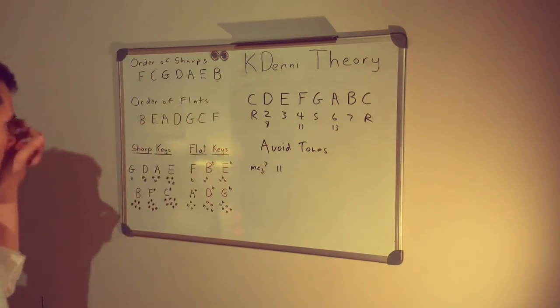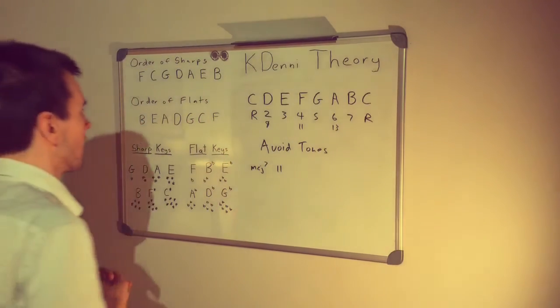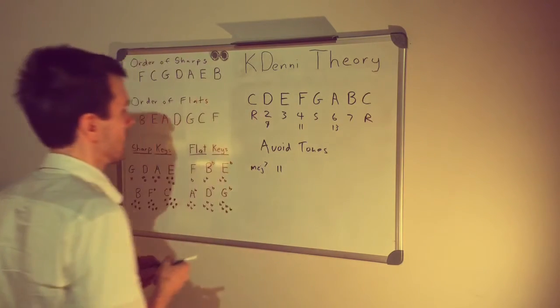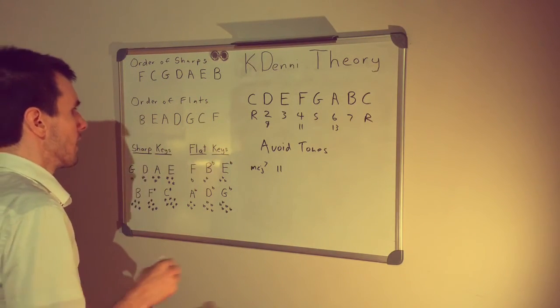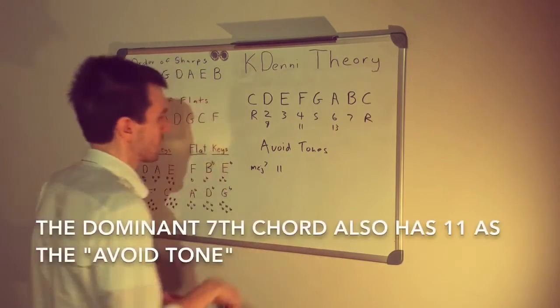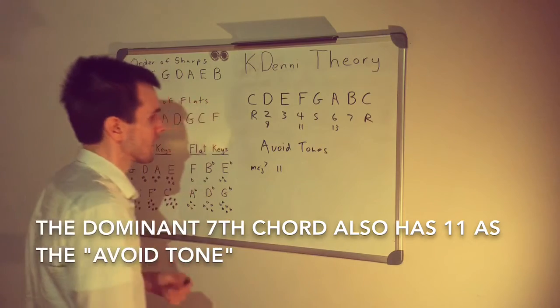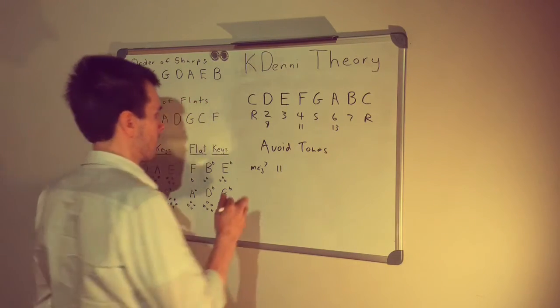You kind of have to hear it a few times in context to understand why, but for now I'm just going to give you what it is. So for major 7 chords, the 11 or the 4 is typically referred to as the avoid tone.